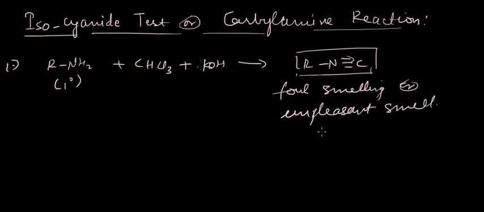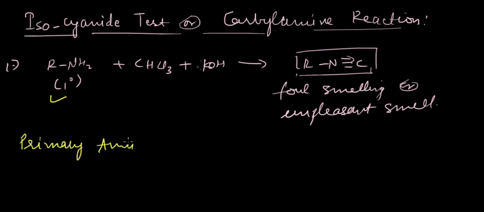Okay, and just to write it in notes, a primary amine reacts with chloroform and base to form isocyanide, which is also called the isocyanide test. Okay, so it's a test for primary amine. Okay, so let me write it down.